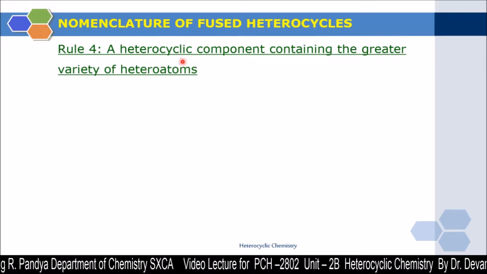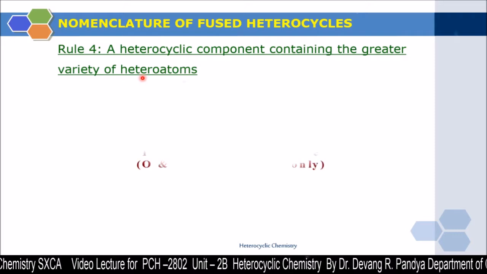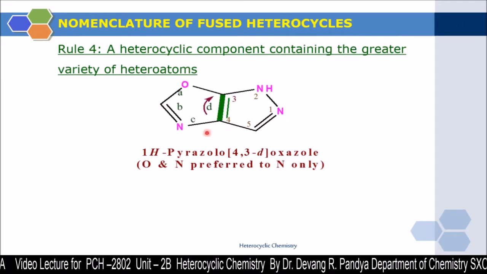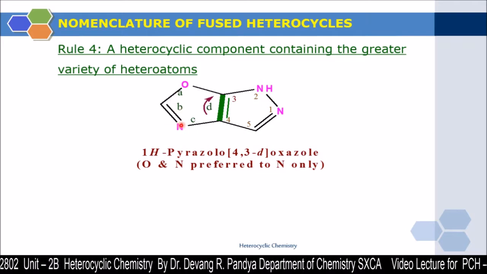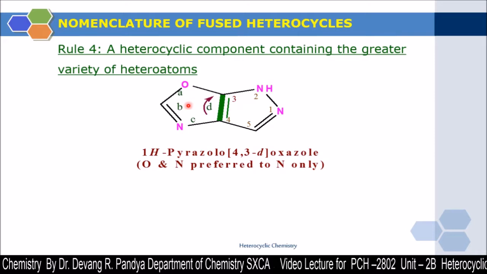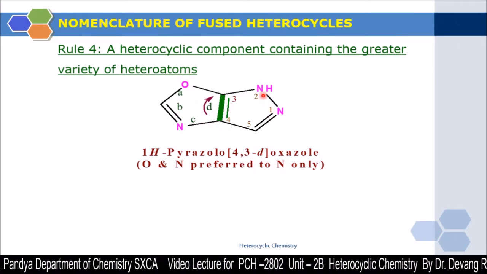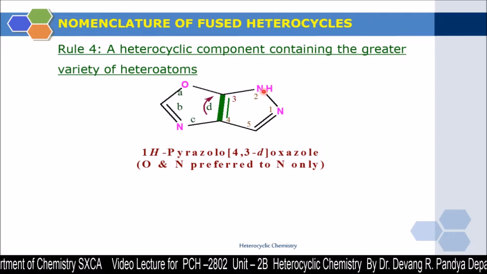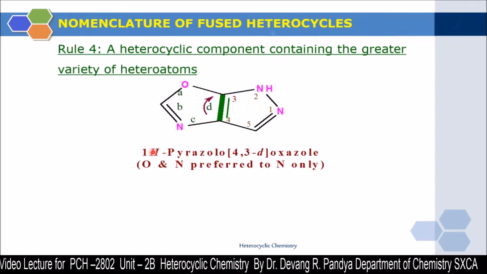Rule number 4. A heterocyclic component containing the greater variety of heteroatoms. So this is the structure where you can see 2 nitrogens are there in one ring, and nitrogen and oxygen in the other, both 5-membered rings. You can see this one is having a proton, so that is locant 1.